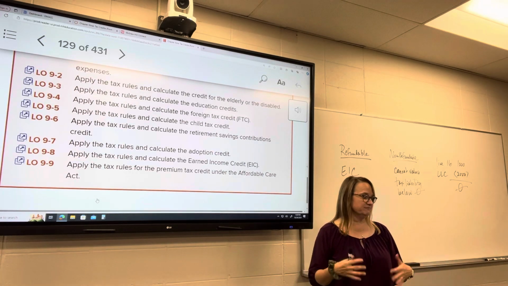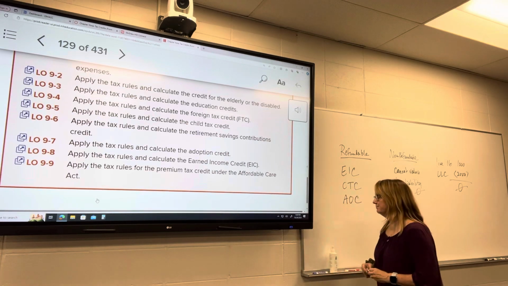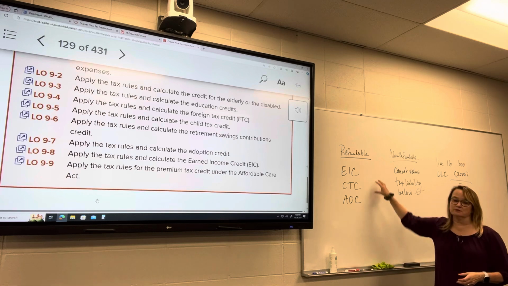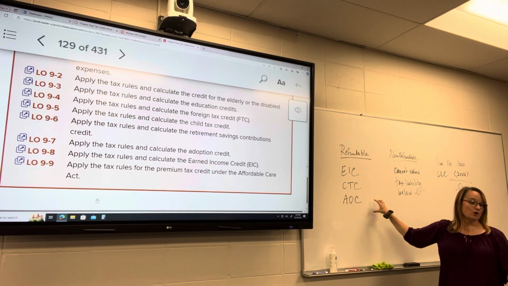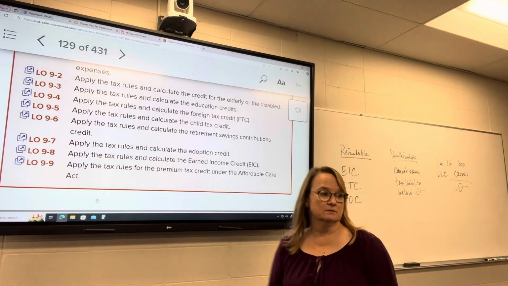I think last I knew it was like $500 per return. So preparers have additional responsibility whenever a client is going to take one of these refundable credits. Okay. Go to the next.